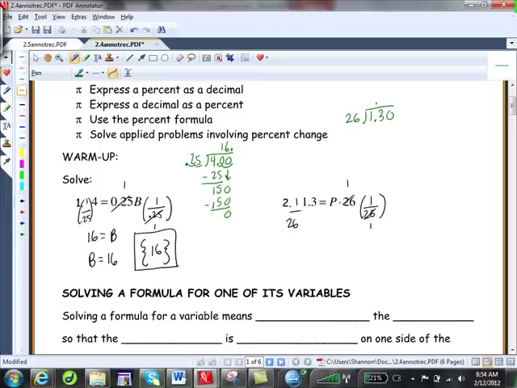So let's see, we know that there's 0 26s in 13, so let's try 5. Oh, that works out fine, check that out. So what we have found out is that 5 hundredths is equal to P, so P is equal to 5 hundredths.